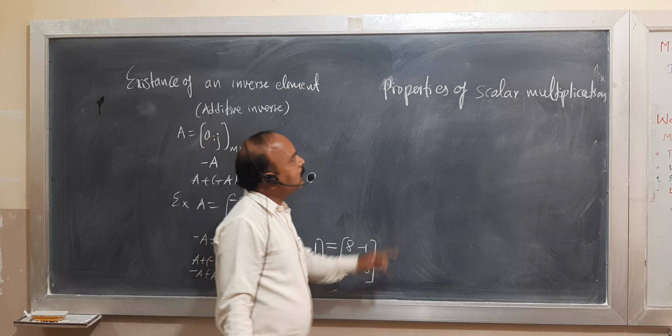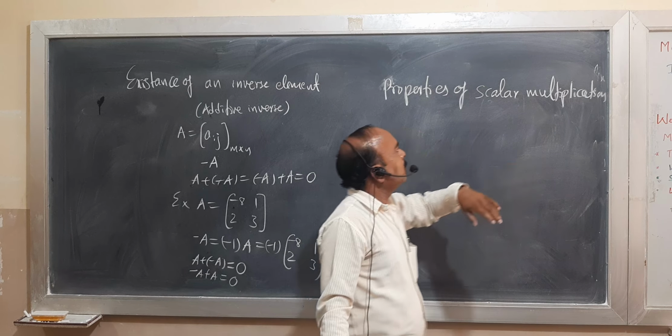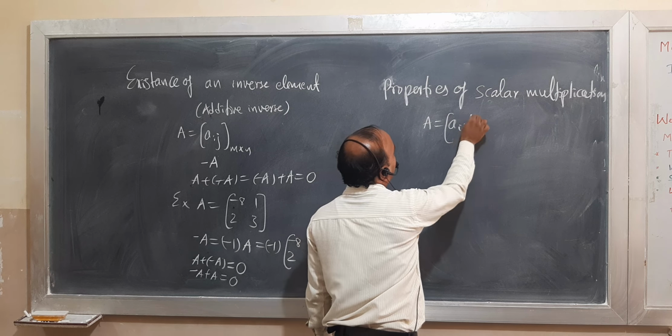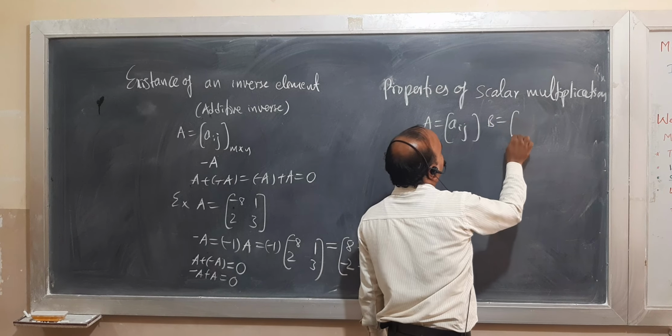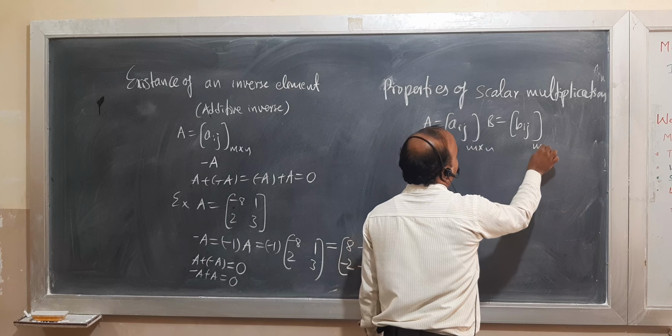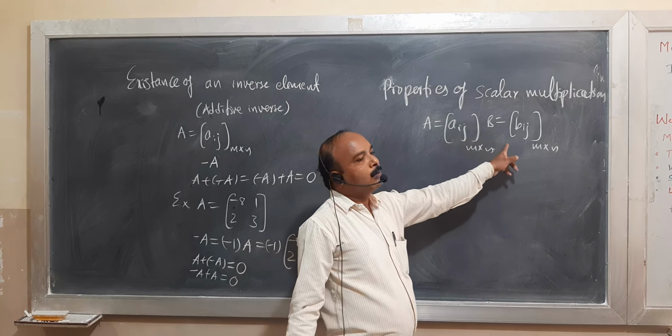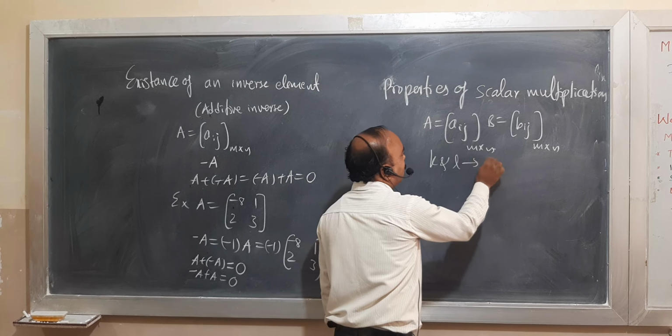Using that we discuss some of the important properties of scalar multiplication. Here we consider two matrices of the same order, A equal to Aij and B equal to Bij. If the order of this is m by n, the order of this is also m by n. Along with them we consider the two scalars K and L.